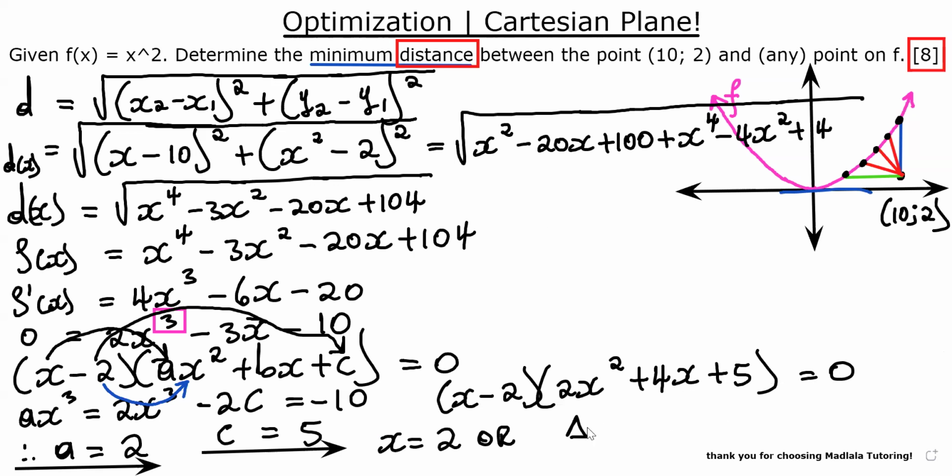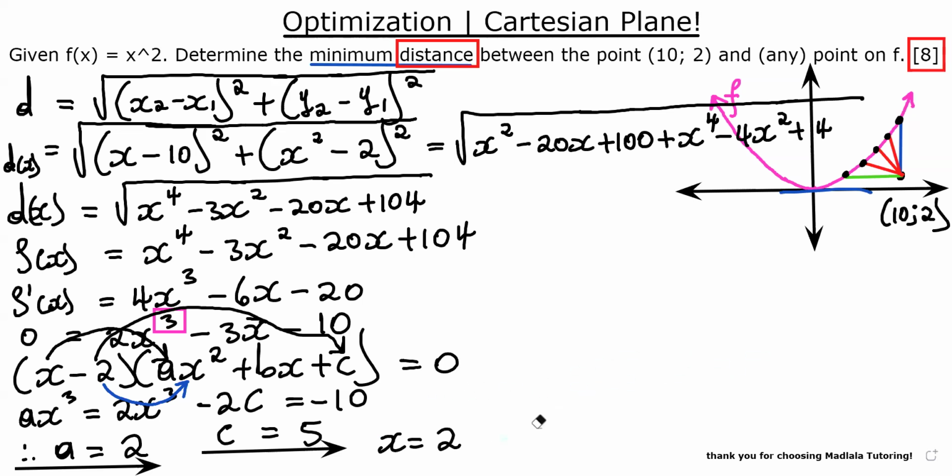Okay, fine. So what is the meaning of x equals 2? Well, it's just the x coordinate of the turning point. So if you are in high school, you are perfectly happy to leave it as x equals 2. You don't need to say anything further.